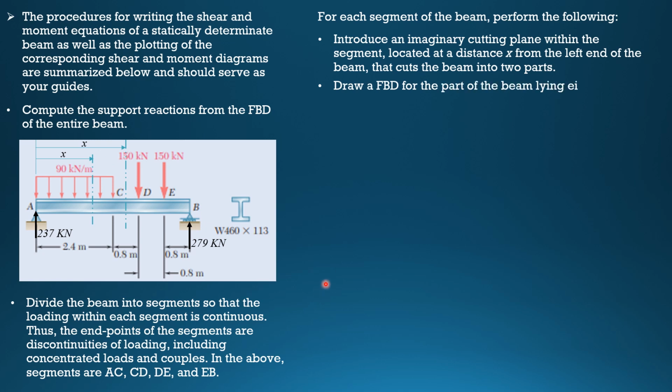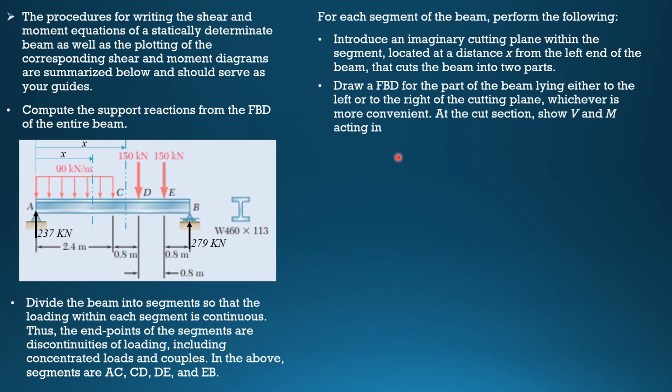Draw a free body diagram for the part of the beam lying either to the left or to the right of the cutting plane, whichever is more convenient to you. At the cut section, show the shear and moment acting in their positive directions so that we can write the shear and moment equations. In particular, if the section is CD, for example, you just put subscript CD here, and for moment CD.